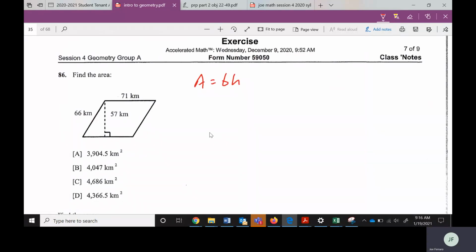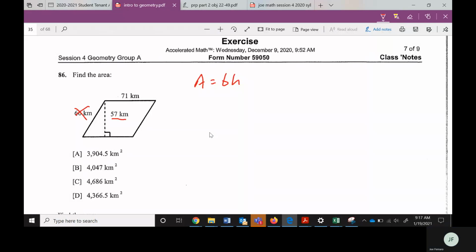Now the only reason I chose this one to do is because they show you three numbers here. And you just have to figure out what you need to use. Now this is the height. Okay, so we're gonna use 57 for sure. Now the height connects the base to its opposite side. So here to here. So we're not going to use that.